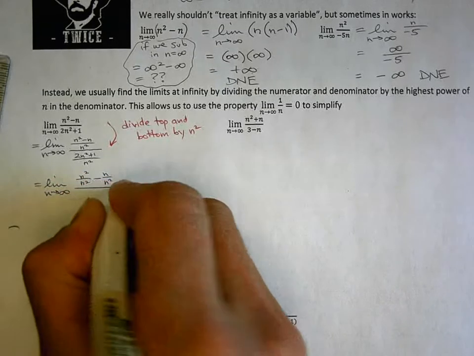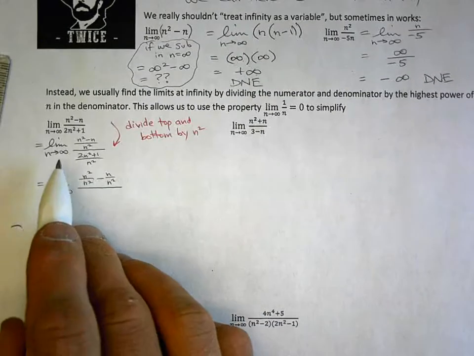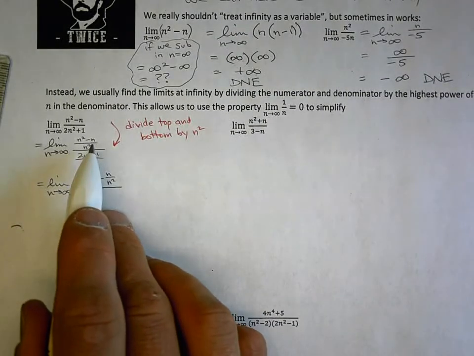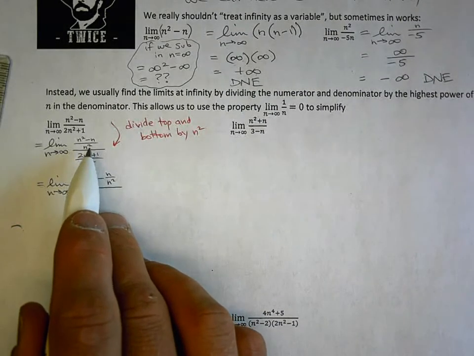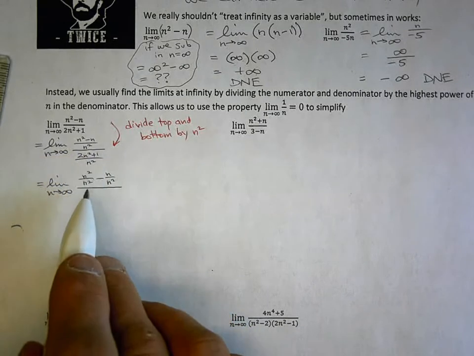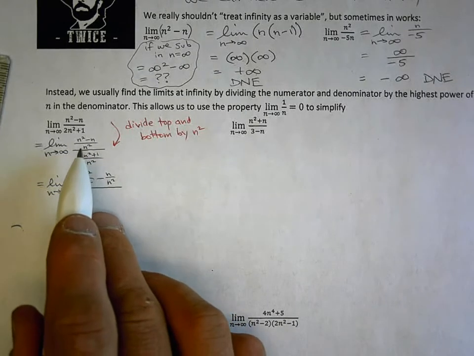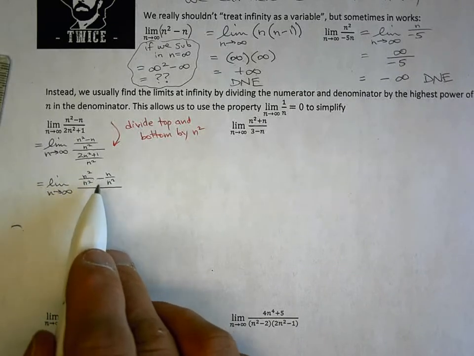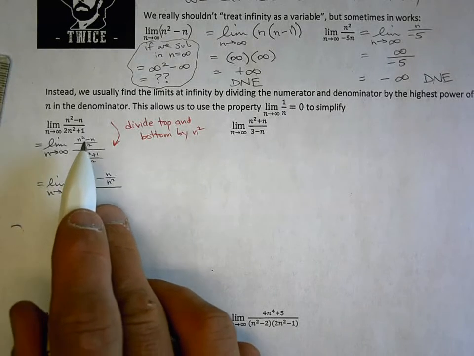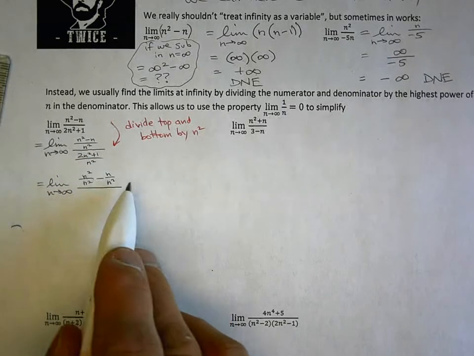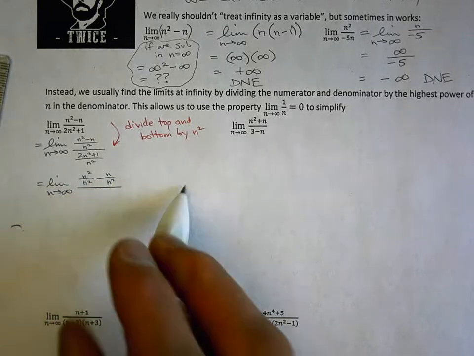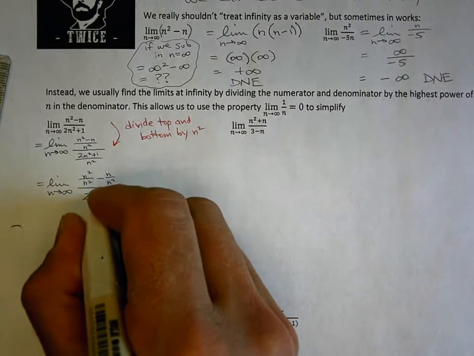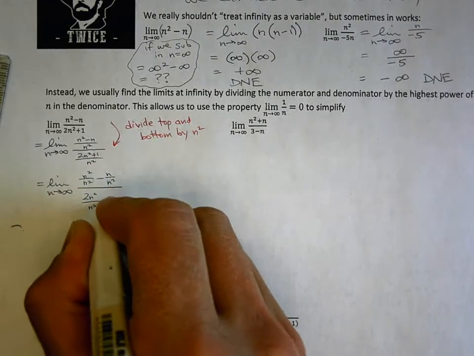That's my numerator. Hopefully that makes sense to you. I've just taken a fraction with a common denominator that's being subtracted, and I've made it so that they're separate. If you think about how you would solve this, because they have the same denominator, you would just subtract the numerators. But I split it back. I went backwards. Similarly, the denominator is 2n squared over n squared plus 1 over n squared.